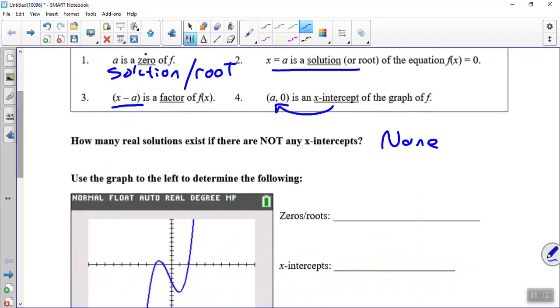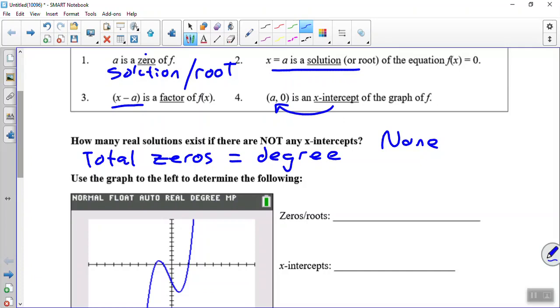Remember the fundamental theorem of algebra, where the total zeros, not to be confused with distinct zeros, more on that in a bit, is the same as the degree of the function. We talked about that in lesson 1. The degree is whatever the highest exponent is.